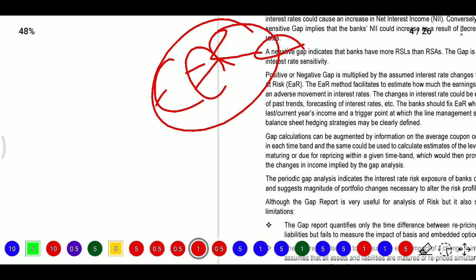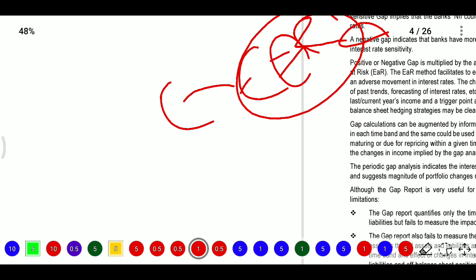What will EAR explain? It explains the amount of earnings you can get at the time of adverse interest rates. So if market interest rates are high, at that point EAR will indicate your earnings. EAR means earnings at risk.